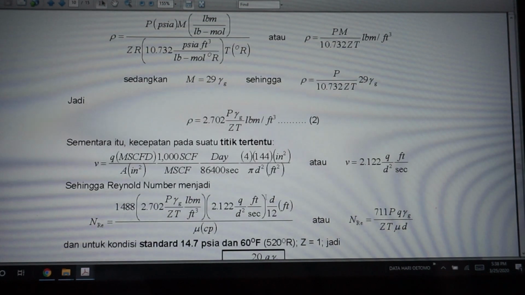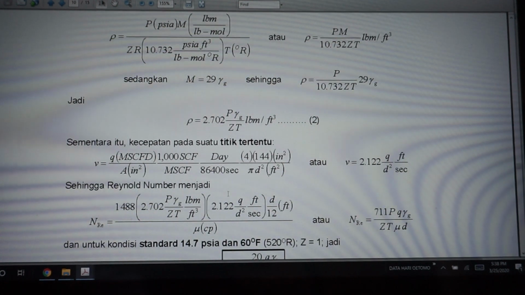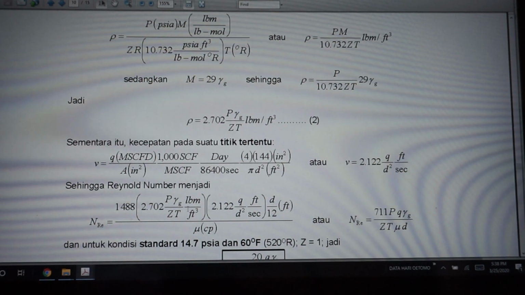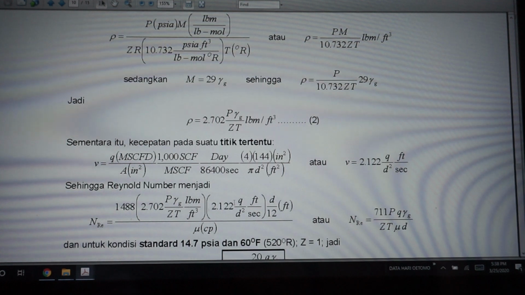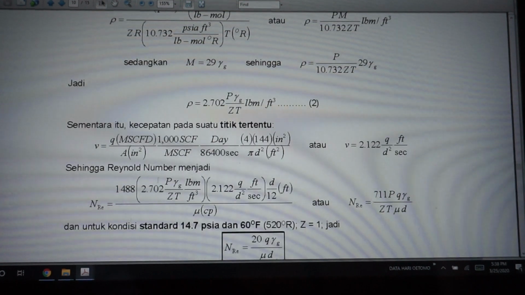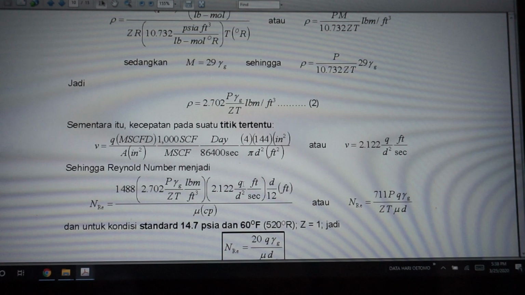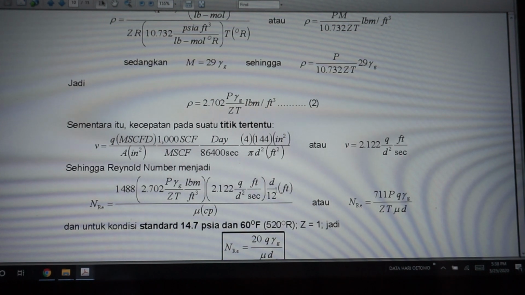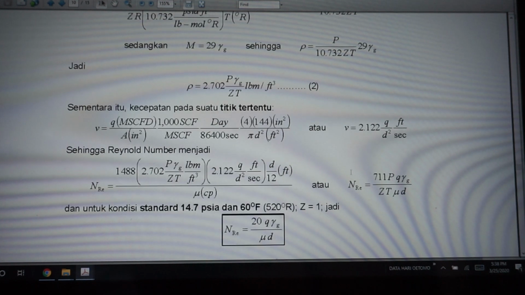So we plug in everything into the Reynolds number, 1488 rho V d over mu. This is the density, this is the velocity, d is in feet, so d over 12, and this is the density. So we end up with this equation.